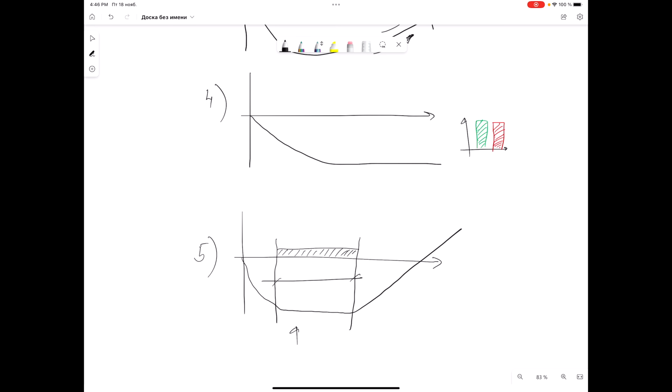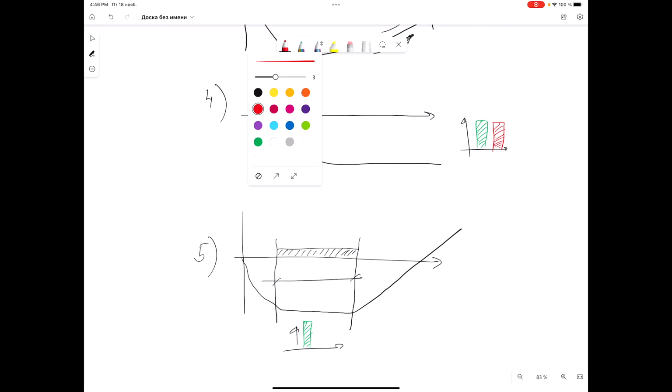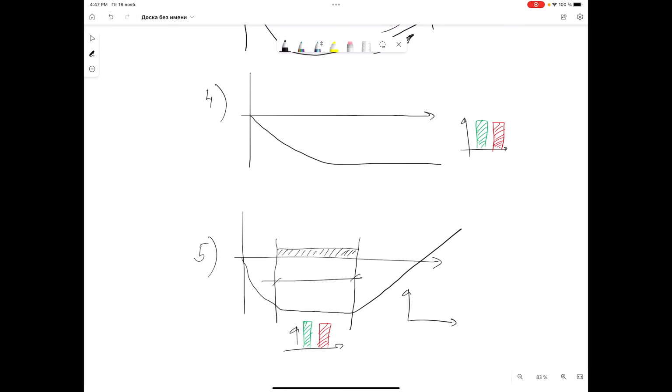So during this period our revenues equal our expenses, and during this period revenues start being higher than our expenses. So we start being profitable.